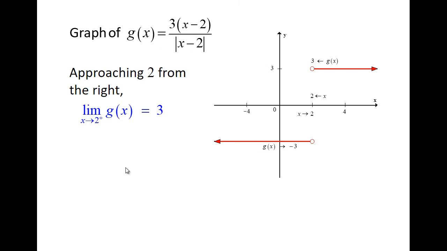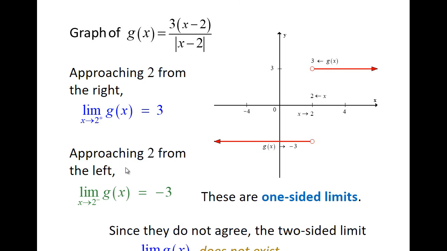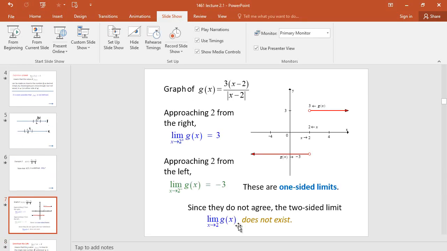Notice that here the limit of g of x as x goes to 2 does not exist, and the reason is, when x is close to 2 on either side of 2, the value of the function does not approach the same number.